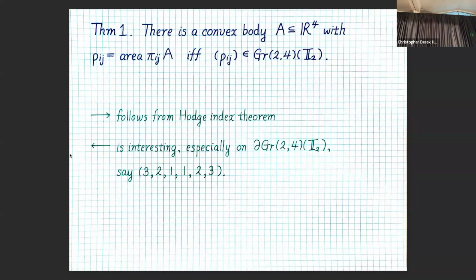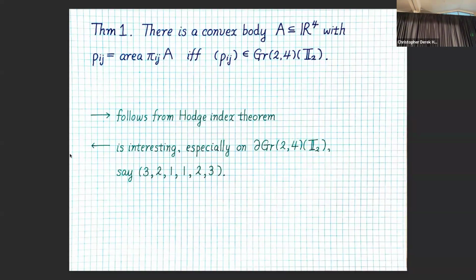In particular, we have tried all the ChatGPT kind of things because we thought that this was a completely fair question for them. Right? Especially if I give one particular point on the boundary, for example, 3, 2, 1, 1, 2, 3. This is a boundary point because there is a degenerate triangle 1, 2, 3.